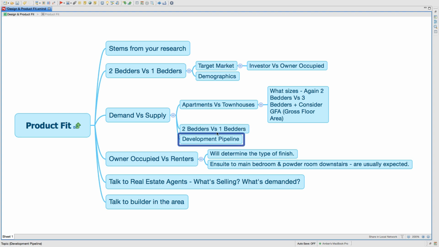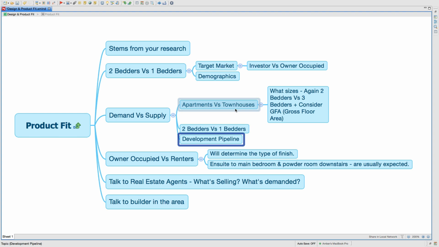Development pipeline is very important for any person to consider, and the reason for that is by the time you put in the application and it goes through the planning process, and then you go and get your pre-sales and get your finance organized, there's a lot of time that's lapsed between the time you acquire the property without plans and permits to the time you're actually ready to build or go on the market and start selling.